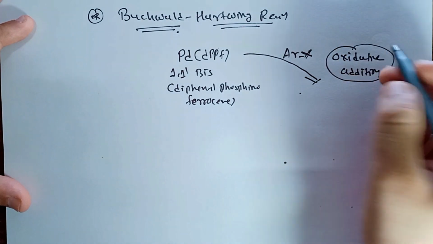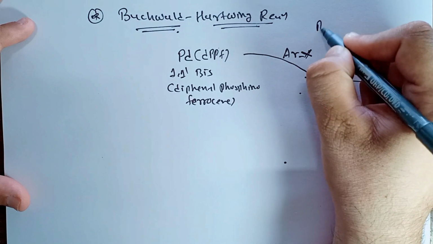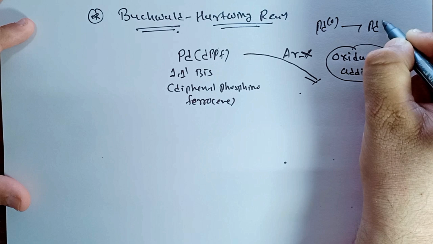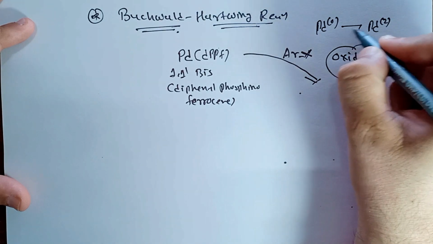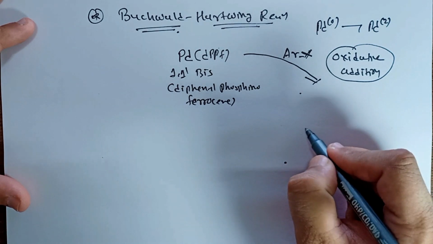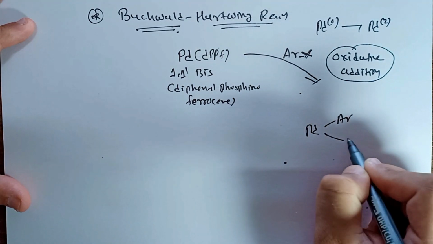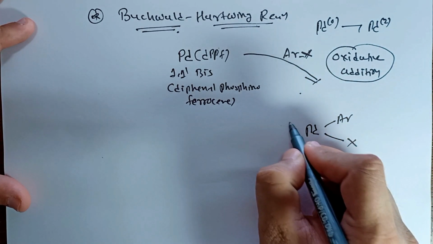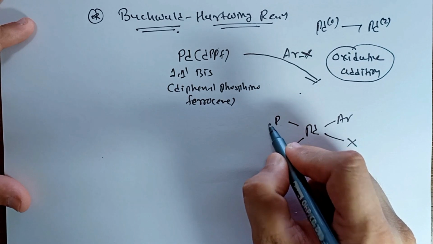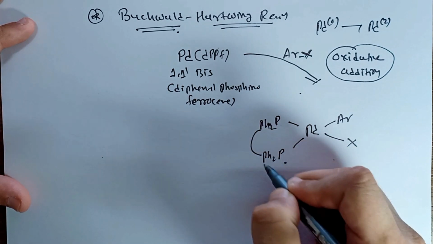I have told you before that if your metal has a 0 oxidation state and it is converted to the +2 oxidation state, that is known as oxidative addition. So here we are having a palladium group, here Ar, here X. Here I am writing P, and that is converted into the PPh2 group. That is our ligand.